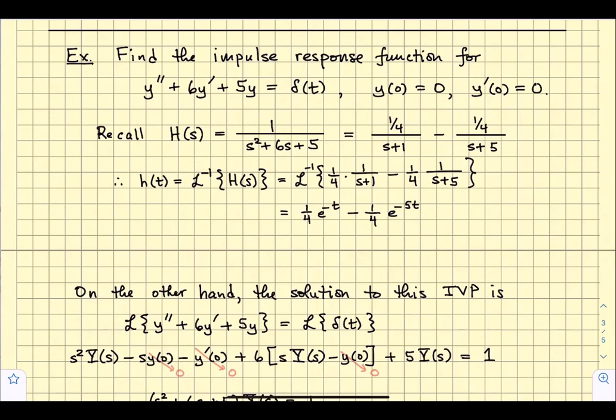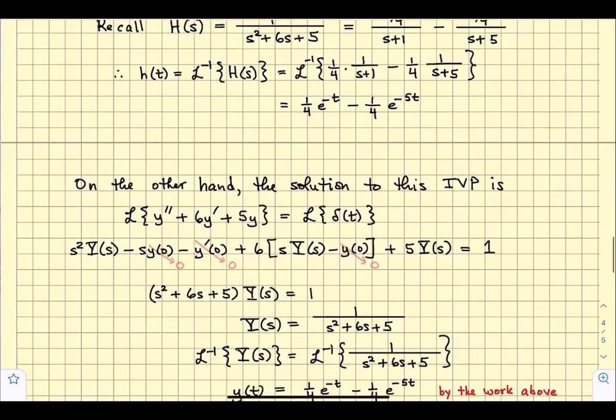It's because when your forcing function is an impulse, a Dirac delta with a unit impulse, a change in momentum that's occurring exactly at 0, then the solution to that system is the impulse response function. That's where it gets its name. It's the response of the system to a unit impulse. It's the solution to the system in response to a unit impulse. That's why it gets its name.